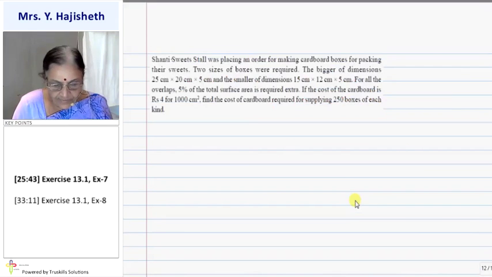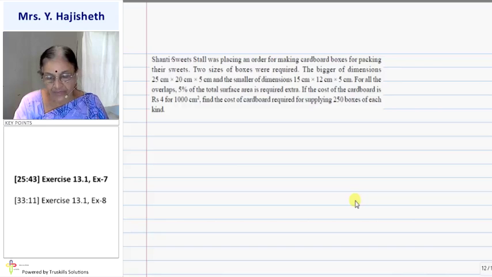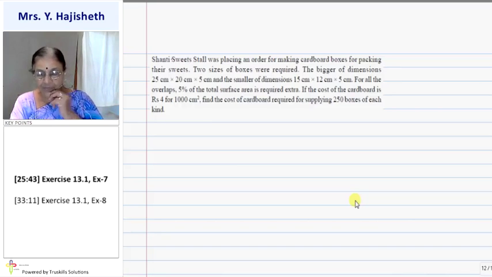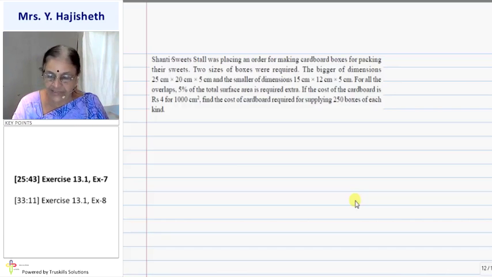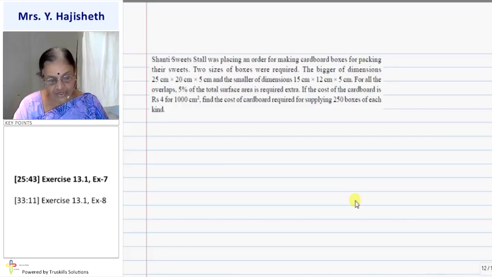Clear? Santi Sweet Stall was placing an order for making cardboard boxes for packing their sweets. 2 sizes of boxes were required. The bigger with dimension 25 cm by 20 cm by 5 cm, and the smaller one of dimension 15 cm by 12 cm by 5 cm. 5% of the total surface area is required extra.